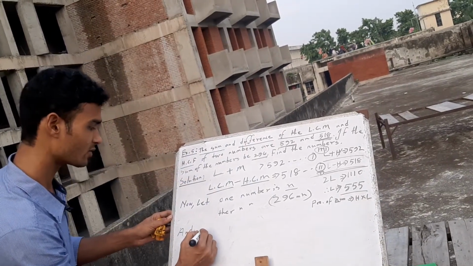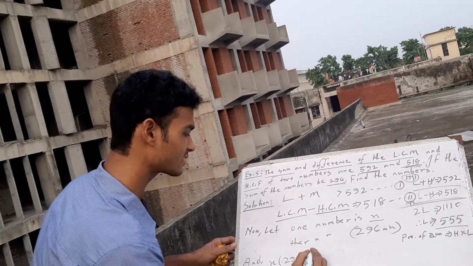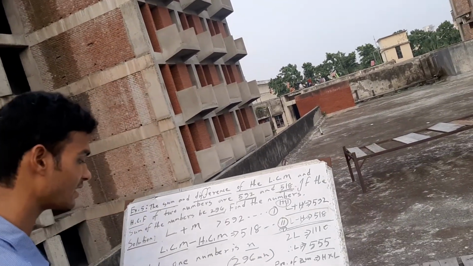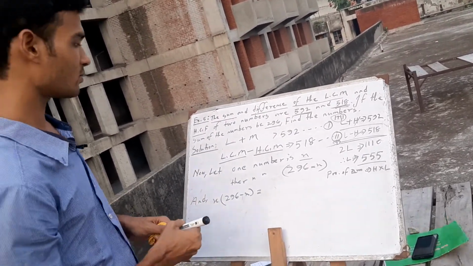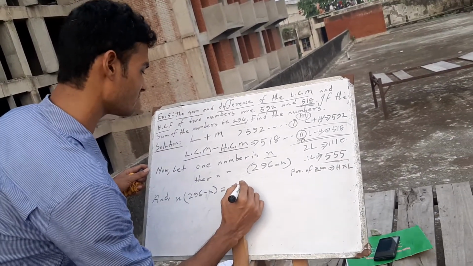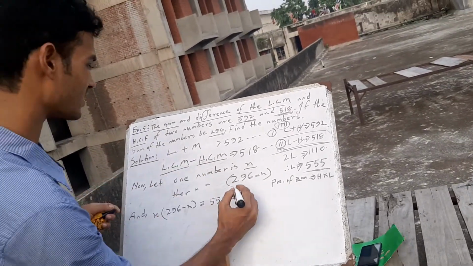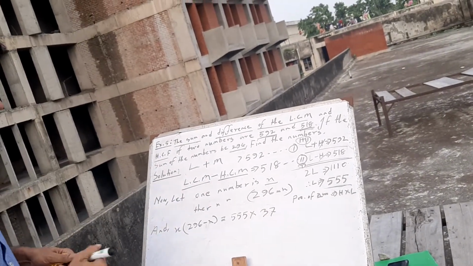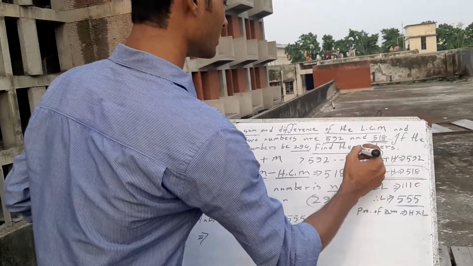Our first number is X and the other number is 296 minus X. So the result will be L into H. L is 555 and our highest common factor is 37. By solving this equation, we will be able to find our two numbers.